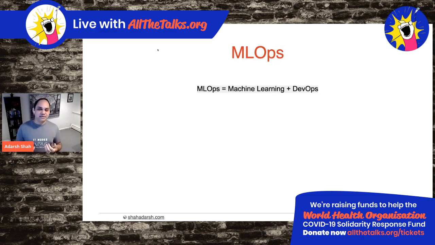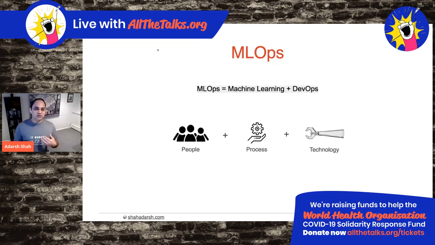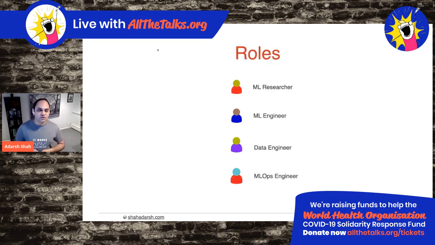Since some challenges are unique to machine learning, MLOps helps you solve those challenges. As we talk about people, process, and technology in DevOps for traditional software, the same thing applies here. But what is different is what we'll talk about next in terms of solution.